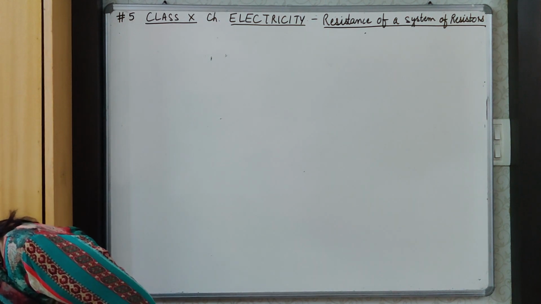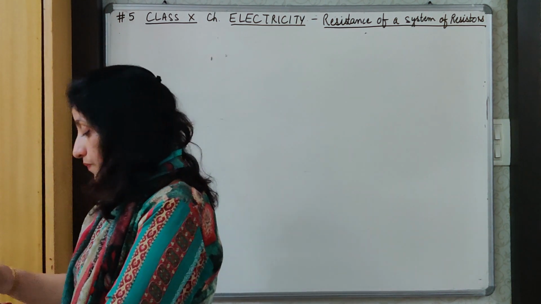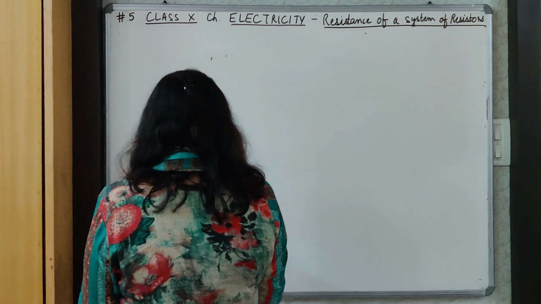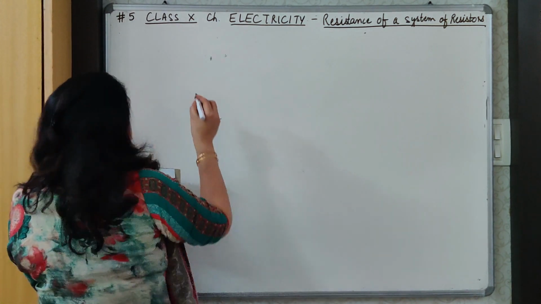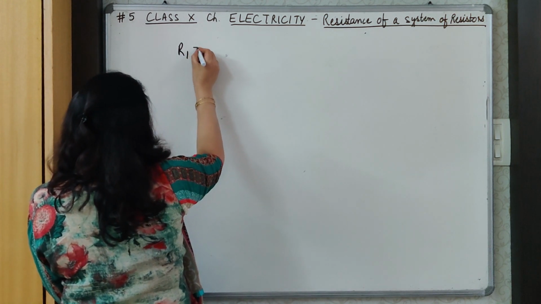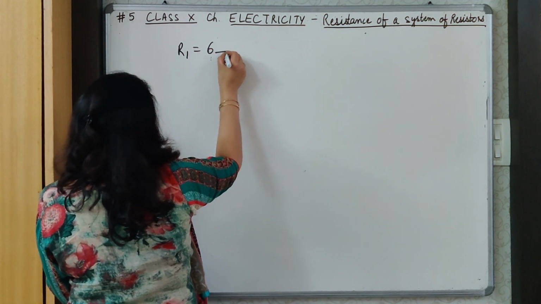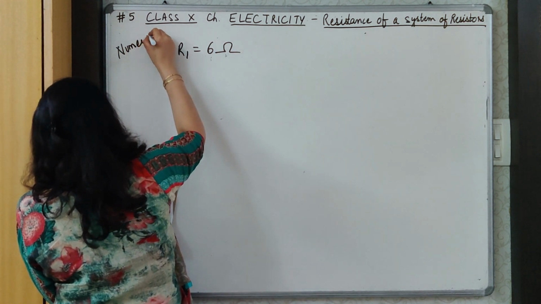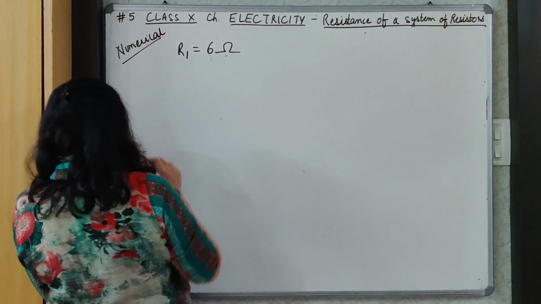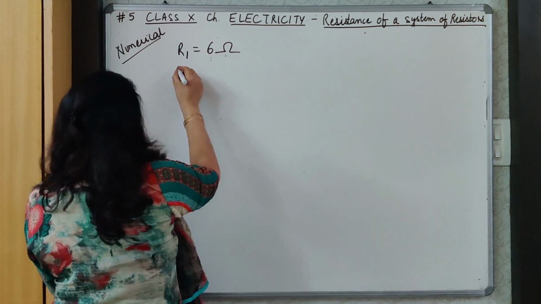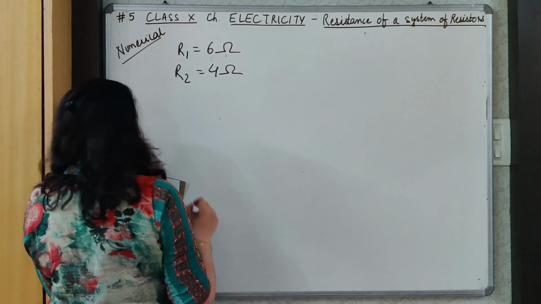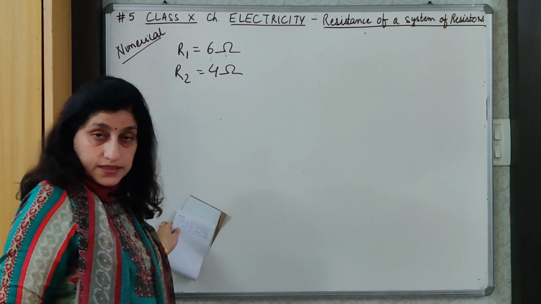Okay, so I have a question here for you which says, there is a resistance of 6 ohm which is connected to a 4 ohm resistor in series.